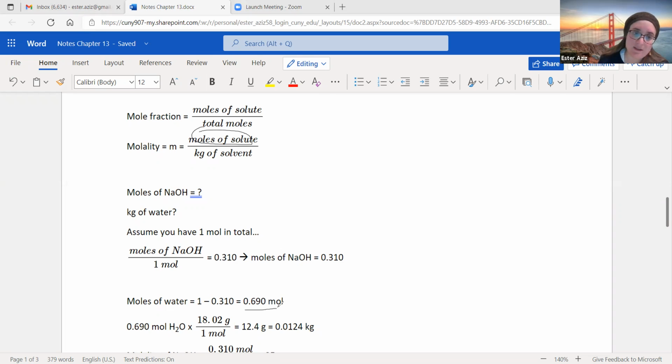But that doesn't help by itself, because for molality you need the kilograms of water. Of course, once we know the moles, using the molar mass of water, we can go to grams and to kilograms.